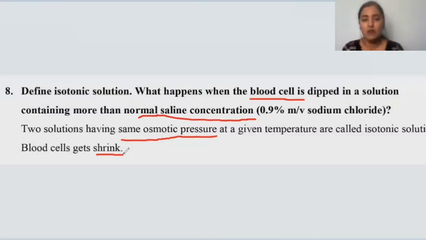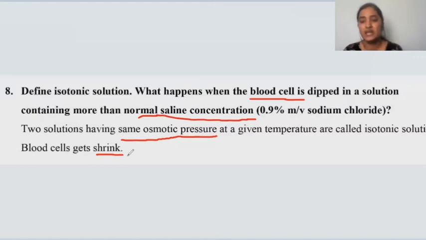Suppose the question is like this: what happens if the blood cell is dipped in a solution containing less than normal saline concentration? When the blood cell is dipped in a solution with less than normal saline concentration, the saline solution concentration is lower compared to the blood cell.